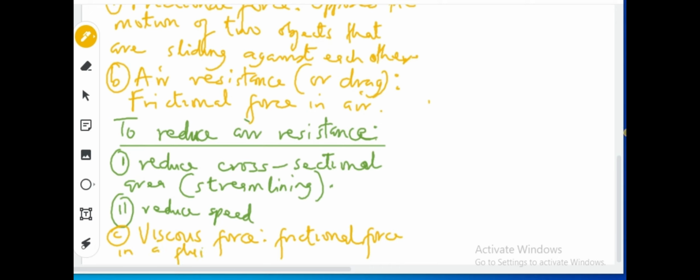So air resistance is a viscous force. Water resistance is a viscous force because air resistance is a frictional force in air, isn't it? Yes. In fluid, which of course is liquid or gas. Okay, that's about viscous force generally.